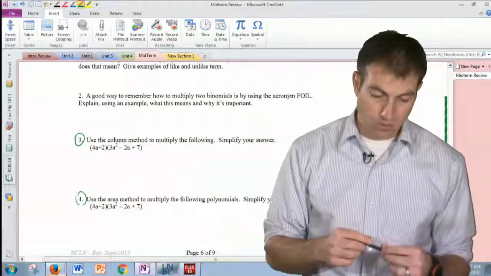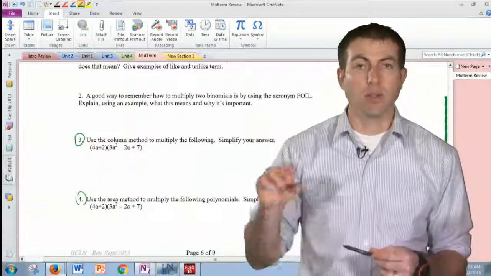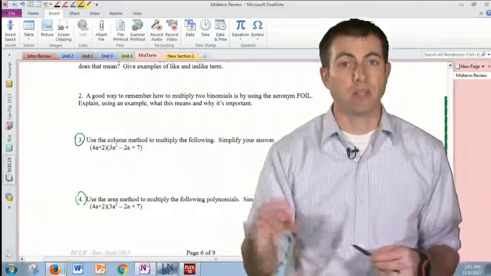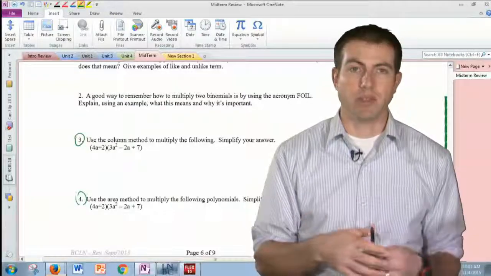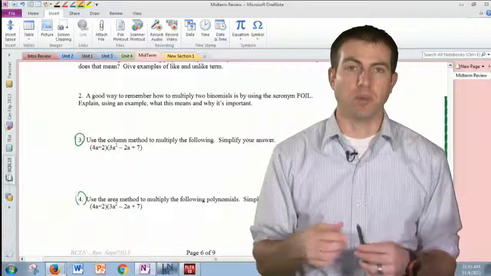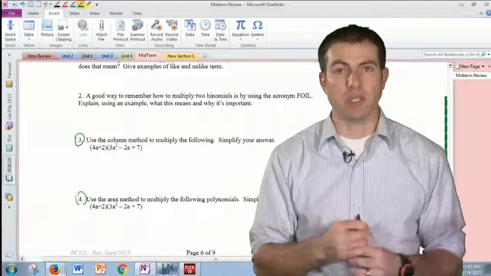I said when we went through this in the course, if you wanted to look at the column method, there was a lesson built into the course that had the column method. If you wanted to look at the area method, there was a lesson built in there. I'm just going to teach the one method, the normal expand, distributive property of multiplication. If you want to learn one of the other methods and it makes more sense to you, then by all means, go ahead and do that.